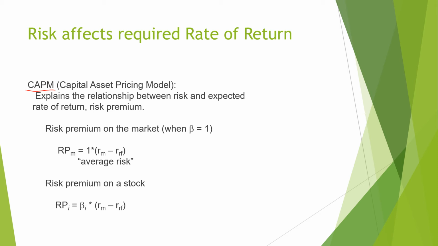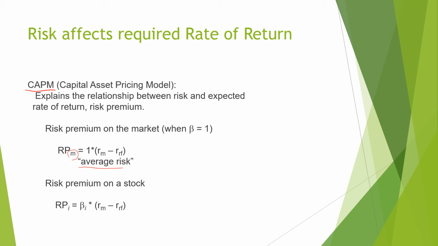It shows the relationship between risk and required or expected rate of return. And risk premium is involved here, risk premium on market. Risk premium of market is calculated like that.